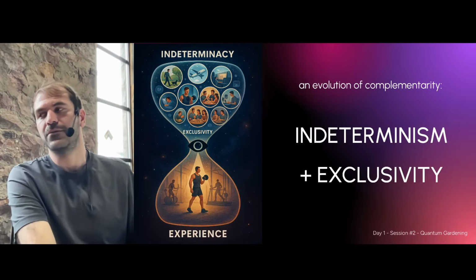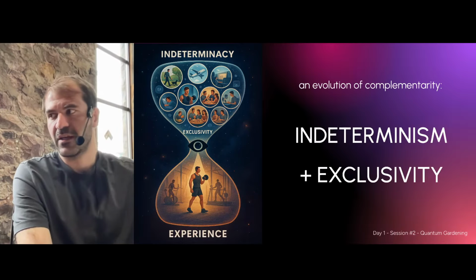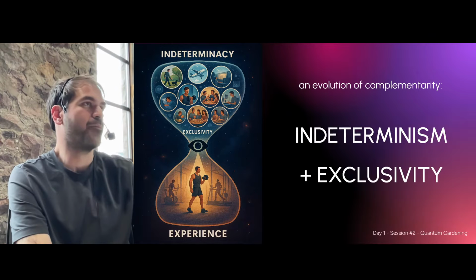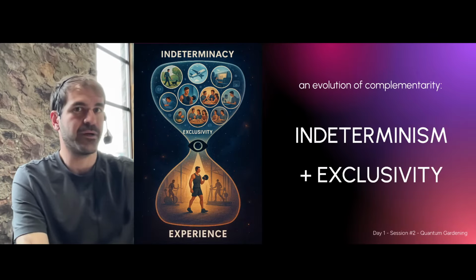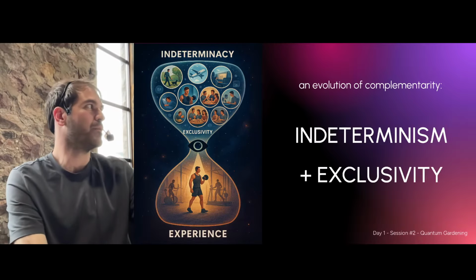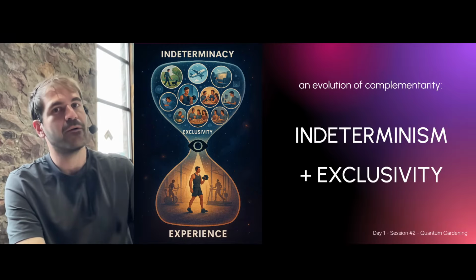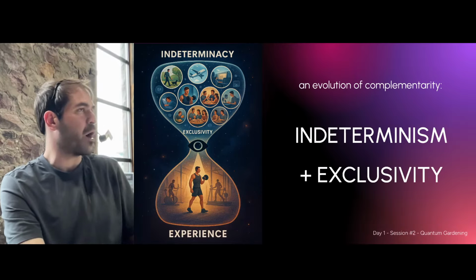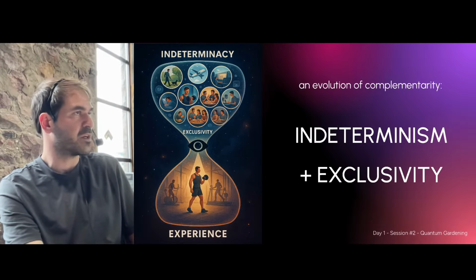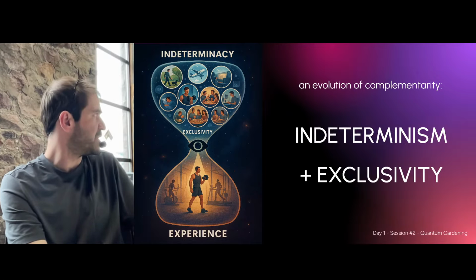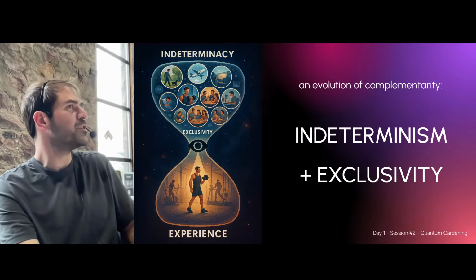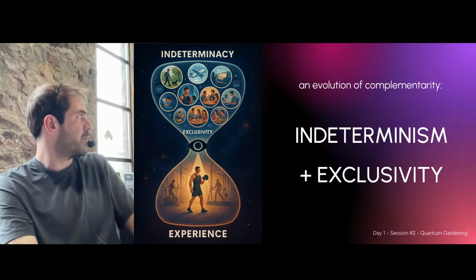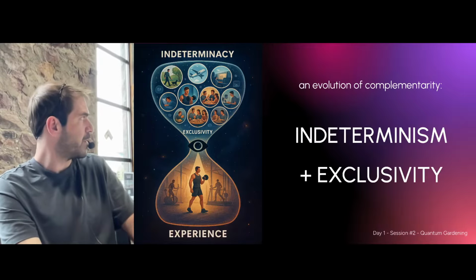Niels Bohr, about 100 years ago, after Werner Heisenberg had the uncertainty principle, said, okay, well, there's got to be something that is an orthogonal connection to indeterminacy. Those weren't his exact words, but that was the general essence of where Bohr was going.